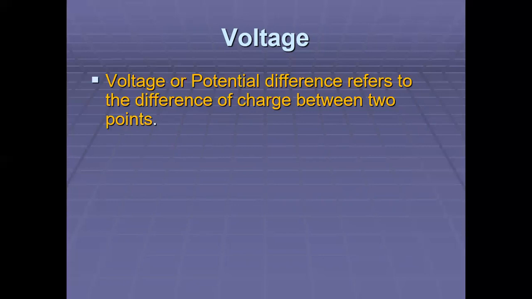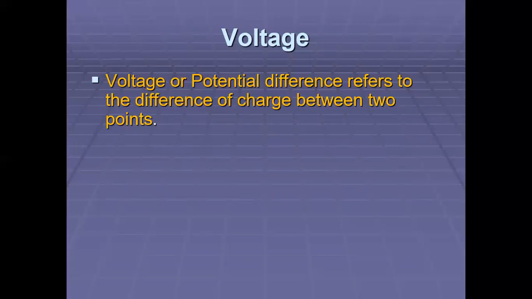If there are 2 beakers, one with high water and one low, and they are connected, water will flow from the high to the low until they are balanced. Potential difference refers to the difference of charge between 2 points, and it will always flow from high to low.